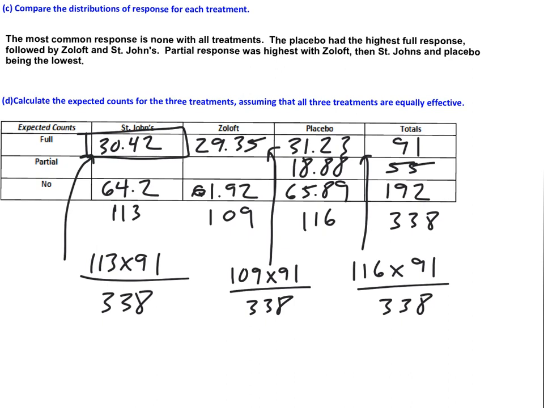It's a good one to talk through. For Zoloft and partial, it would be 109 times 55 divided by 338. And that, let's see here, 116 times 55.